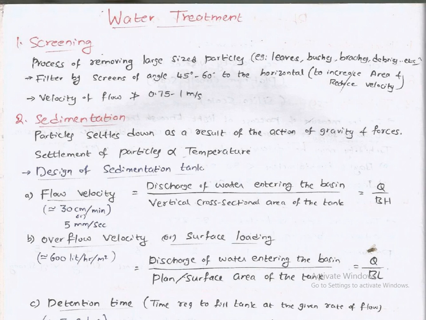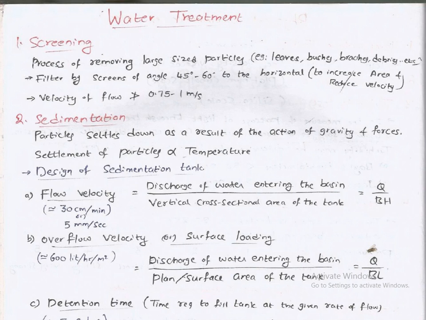Sedimentation: particles settle down as a result of the action of gravity, depending on the force, settlement of particles, and temperature. Design of sedimentation tank. Flow velocity, discharge of water entering the basin Q. Vertical cross-section area of tank equals Q upon VH.